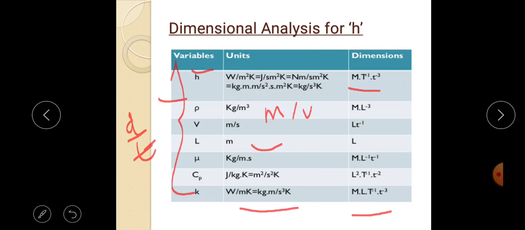All right. Now we will substitute these dimensions in the exponential equation. So we'll see in the next slide.